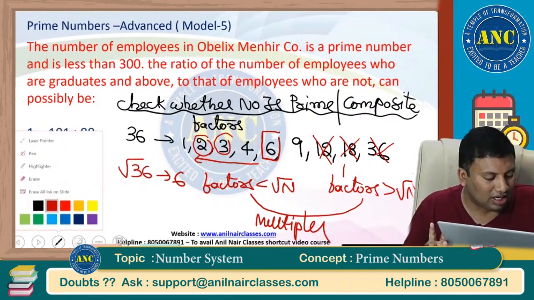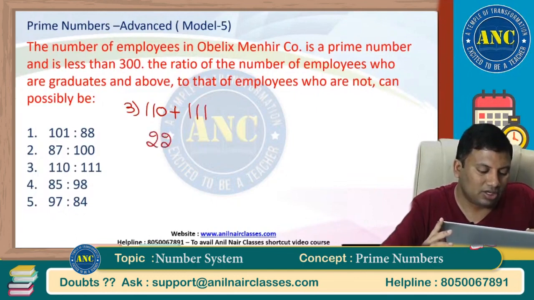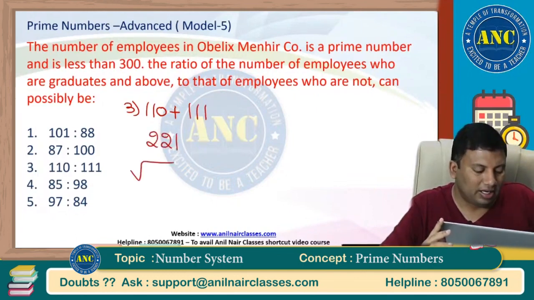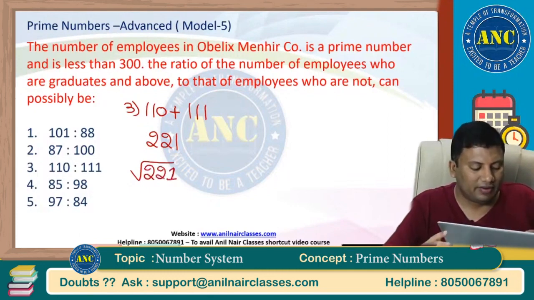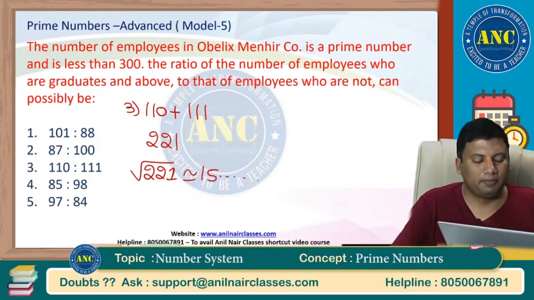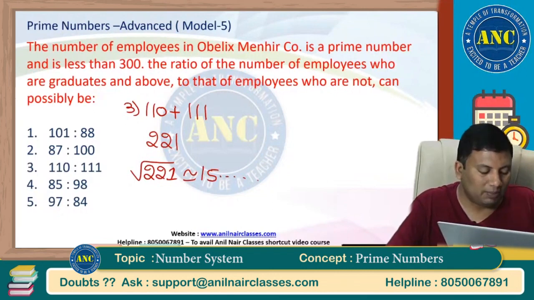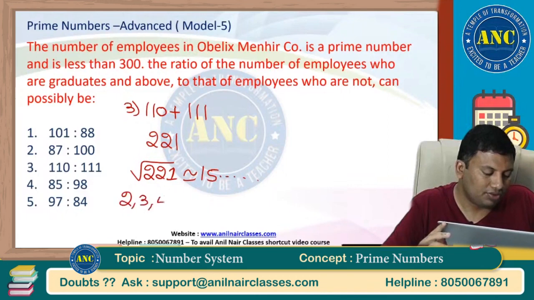Let us do the third one. What did we get? 110 plus 111, this is nothing but 221. Let me take the square root of 221. It is 15 point something. Now, what are all the prime numbers less than 15? 2, 3, 5, 7 and 11.